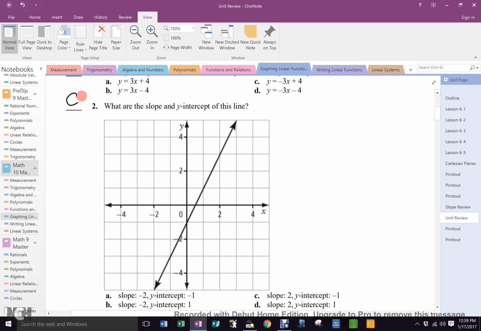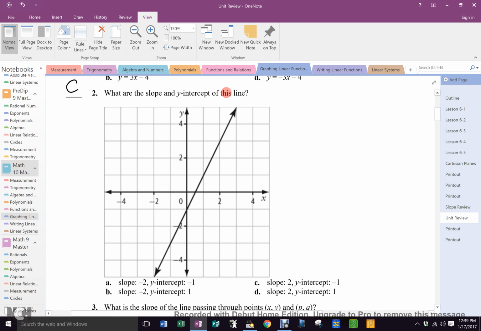All right. I need the slope and the y-intercept. What is every slope? Always. It's m, but it's also rise over run. So pick any point on the graph. I like that one. Pick any other point on the graph. I like that one.